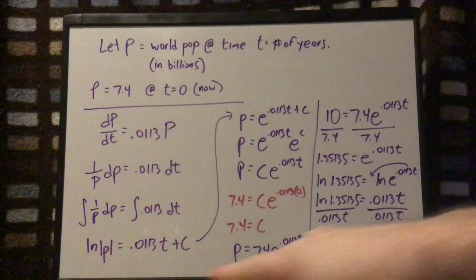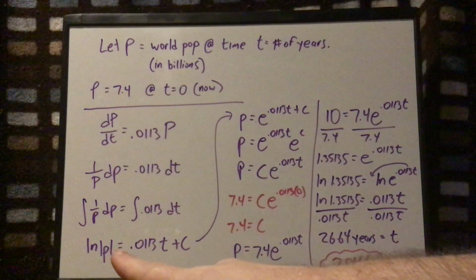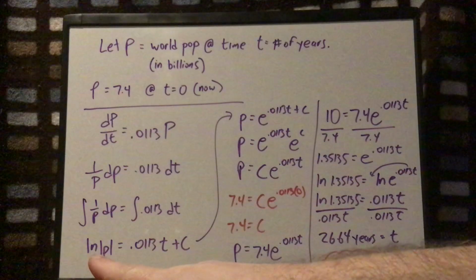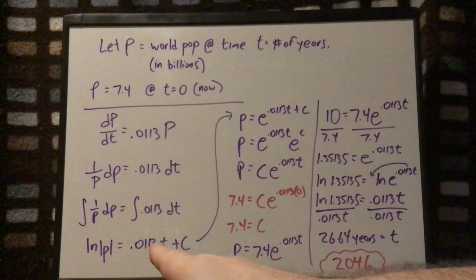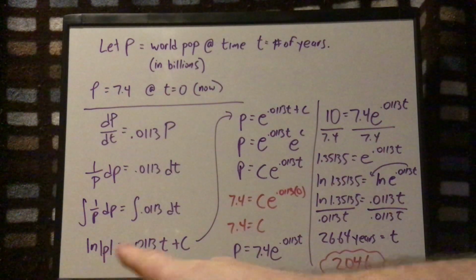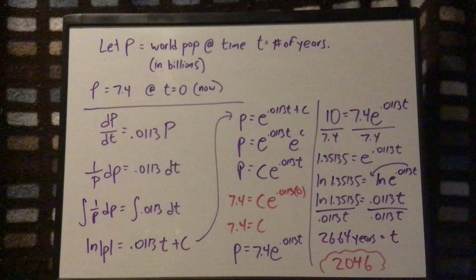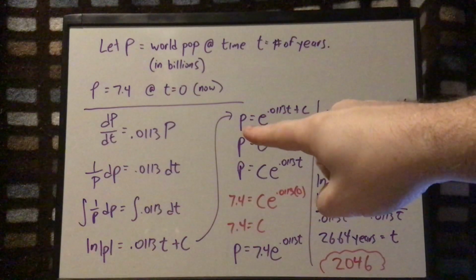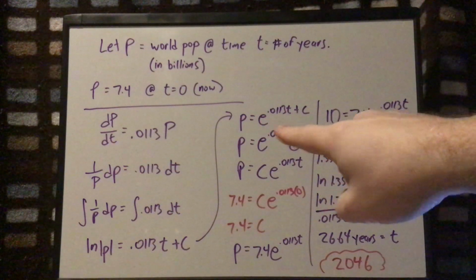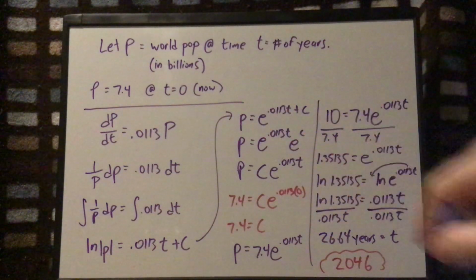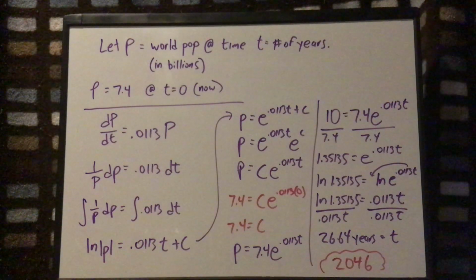Now, when I go to solve for P, because I want a population function, just like I did last time, remember, e to this power will equal absolute value of P. And since P is population and it's never going to be negative, I got rid of the absolute value bars. So I don't need the absolute value bars anymore. And this is the rewrite of it in terms of P, so P by itself.